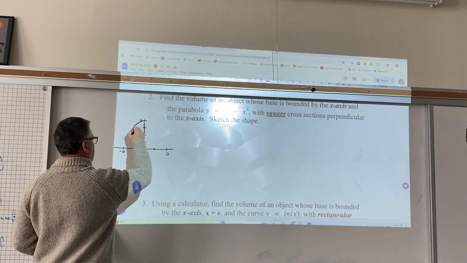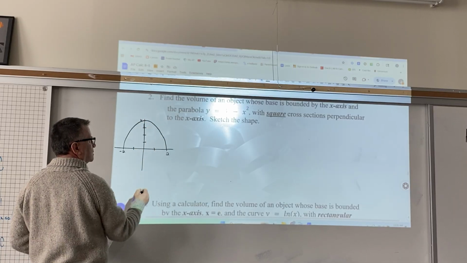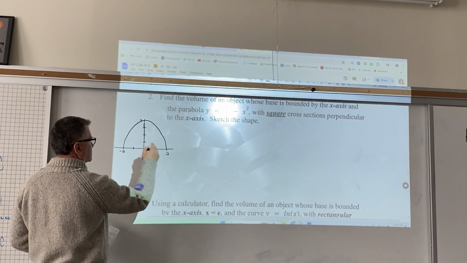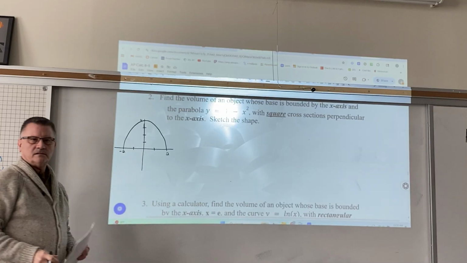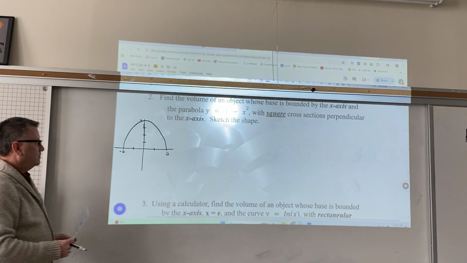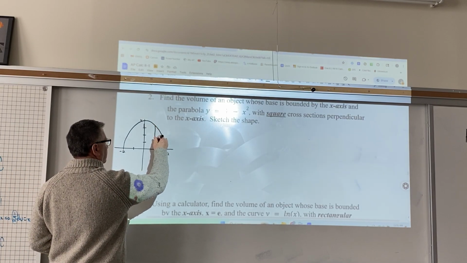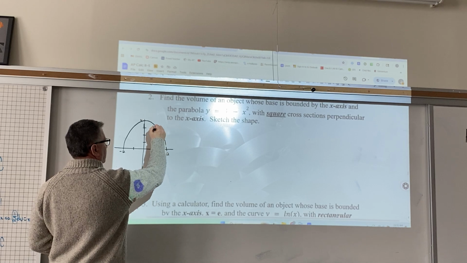So here's the upside down parabola with the x-axis. So it's gonna be coming out of that shape. And I'm building squares again, so the squares are coming out of this shape.